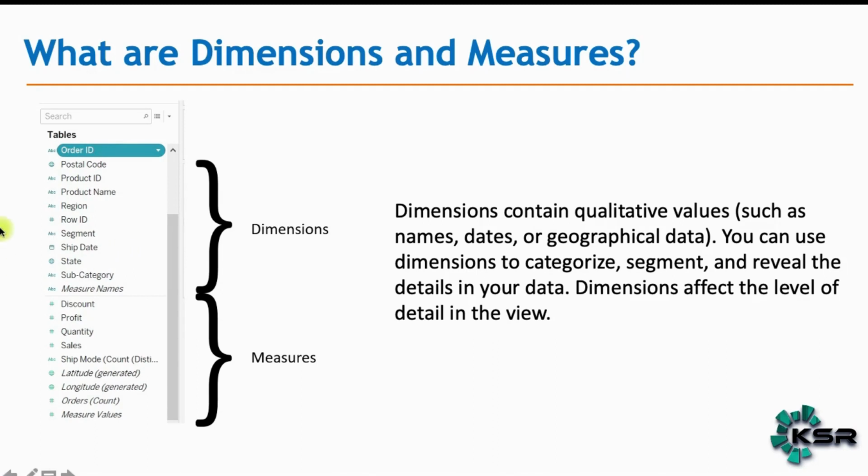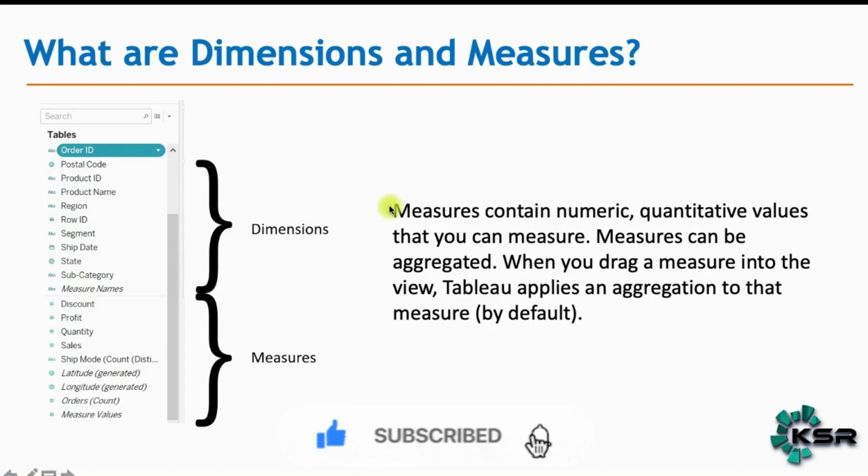So if you were to see here, if you add any region in your visualization, basically it will affect the detail in the view, right? And it will be qualitative, because let's say region, if you have like north, east, west, south, so it's giving you qualitative value, right? It's not quantitative, and it's categorizing or segmenting the data as east, west, north, and south, right? So that's what dimensions are.